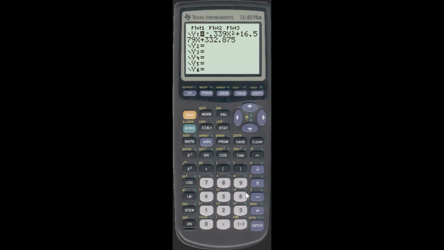Okay. I looked at the graph. It looks super weird if you use the same window. So one of the things you can do here, and it sometimes works, is you hit zoom and you go down to where it says zoom fit. What the calculator tries to do is fit the graph into the window. Does it work? Sometimes. So it kind of works.